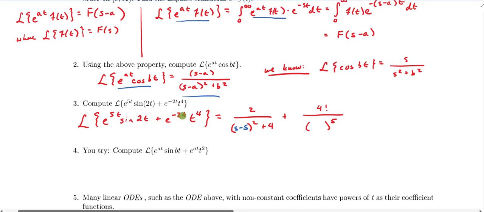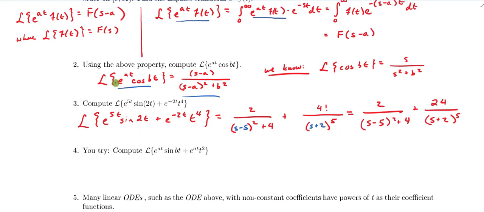Careful here: in this case, since a is negative, that would be s plus 2 inside of that. Let's clean that up slightly. This gives us 2 over s minus 5 quantity squared plus 4, plus, since 4 factorial is 24, 24 over s plus 2 to the 5th.